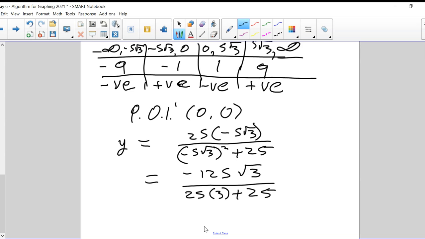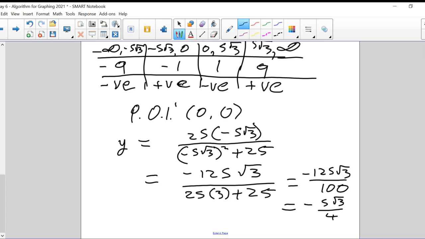Okay, I think I did that right. So this works out to be minus 125 root 3 over 75 plus 25, which is 100. All right, and that works out to be minus 5 root 3 over 4, I believe.